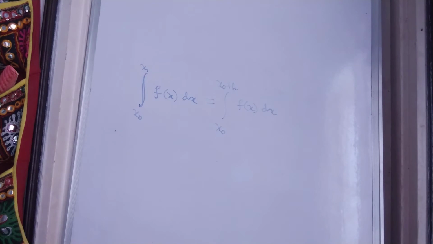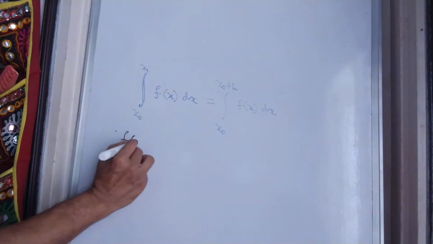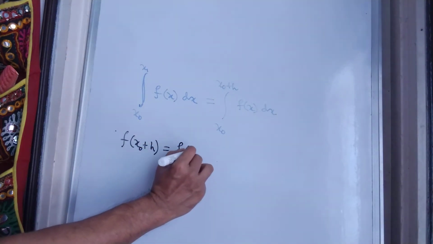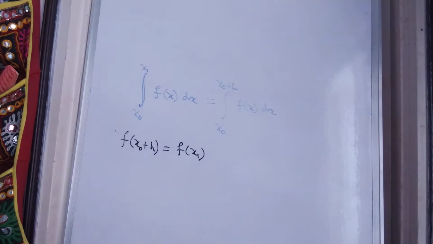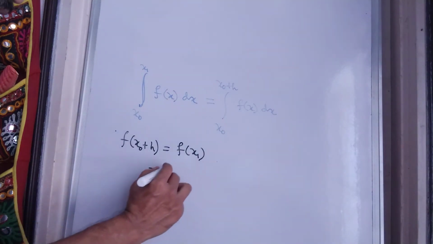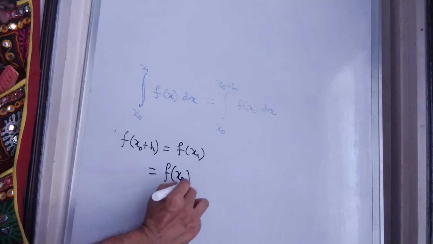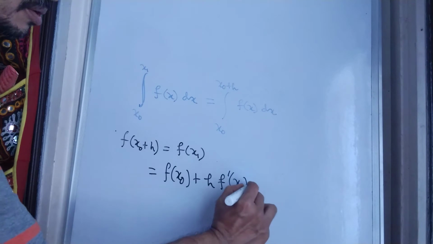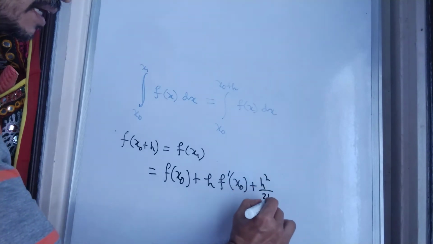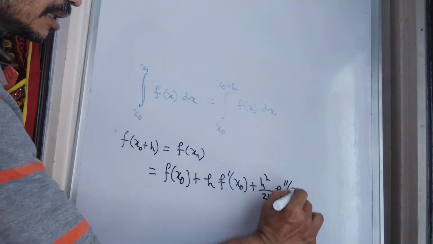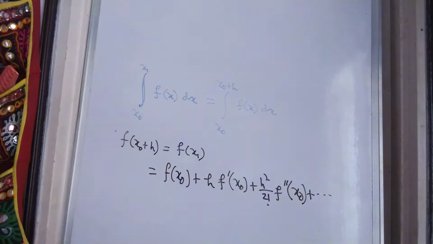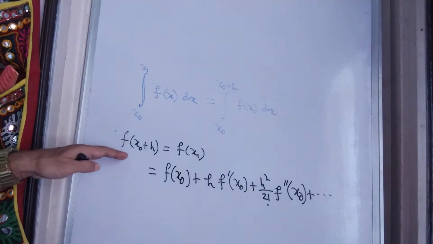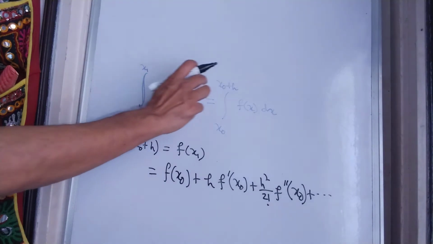We all know that f of x0 plus h, which is nothing but f of x1, may be written as f of x0 plus h f prime x0 plus h square by factorial 2 f double prime x0 and so on. We know this Taylor series expansion of fx at this node.